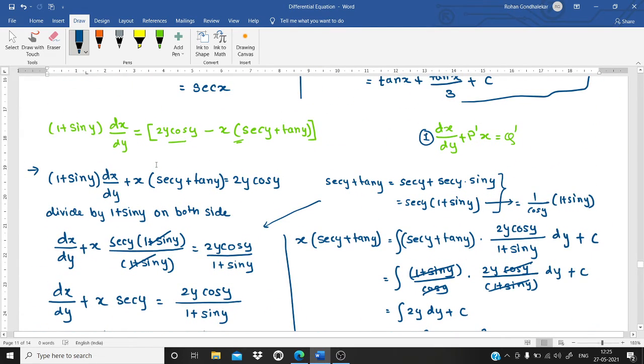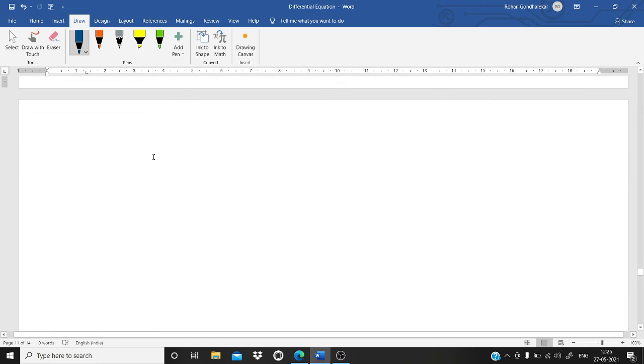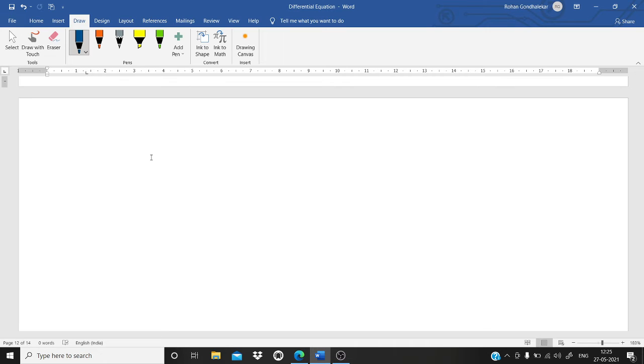What we did was adjust the terms to reduce them into linear form. So they are already linear differential equations, but we need to adjust the terms so that we can represent them in linear differential equation form. Now we are going to a topic, that is equations reducible to linear form.